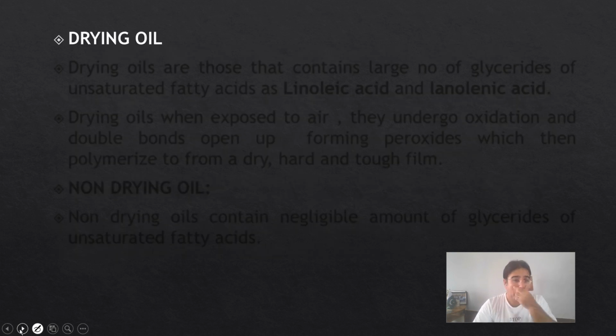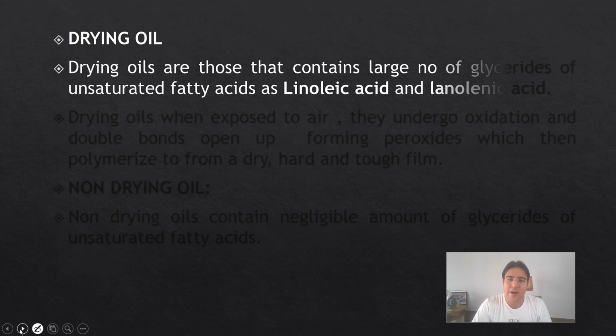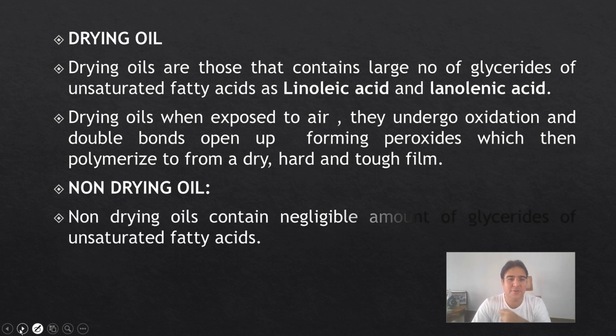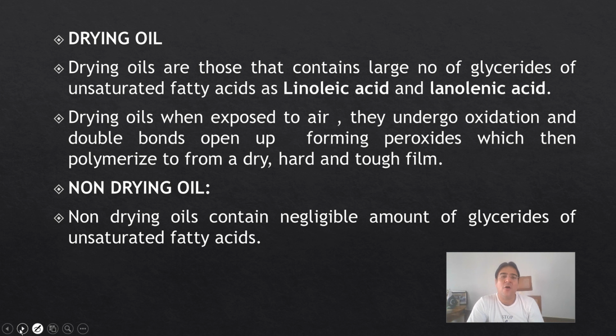So some oils are drying oils, some are non-drying oils. Now, what are drying oils? Drying oils are those which contain a large number of double bonds, triglycerides of unsaturated fatty acids, linoleic and linolenic.